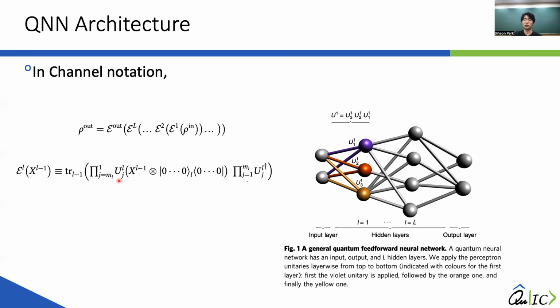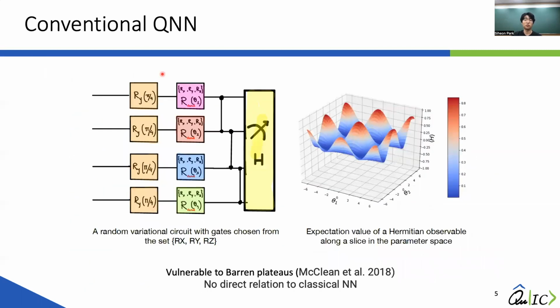Yeah, I think you mentioned a very important remark. That is why this is analogous to a classical neural network. In a conventional network structure, the nonlinearity does not come from the unitary, but from the function we are applying to the unitary, right?